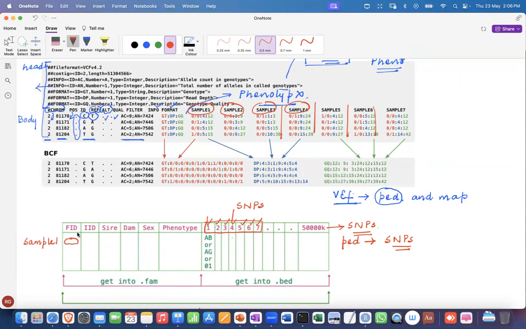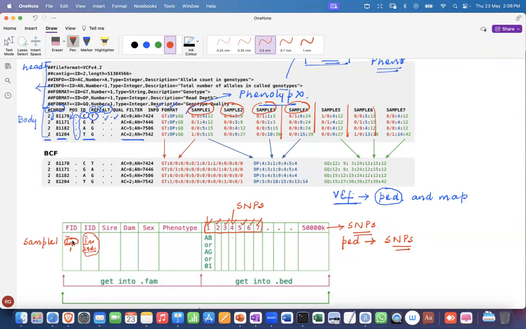Let us say, in terms of human populations, Indians. Under Indians, you give an ID saying it is Indian 1. Similarly, the second one will be Indian 2, some other sample from some other biological replicate.